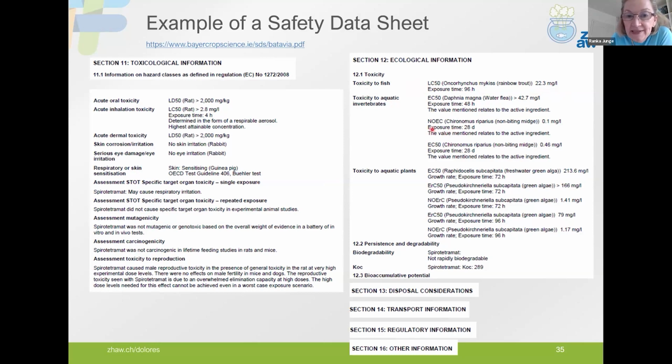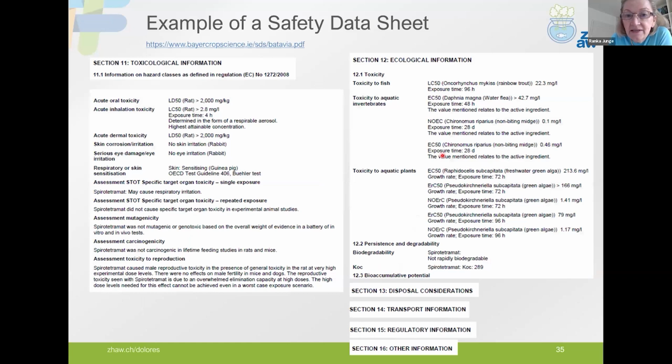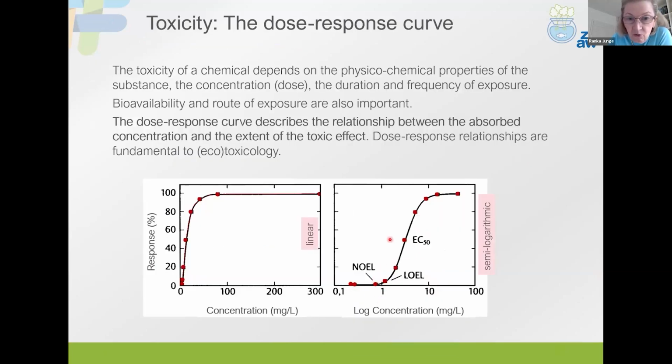Now, NOEC is the no observed effect concentration, and you can see in aquatic invertebrates, in Chironomus, this is a non-biting midge, the NOEC is 0.1 milligram per liter. NOEC is always smaller than EC50. Here you see it is 0.46 milligram per liter. You see, NOEC is always... LOEC is the lowest concentration.